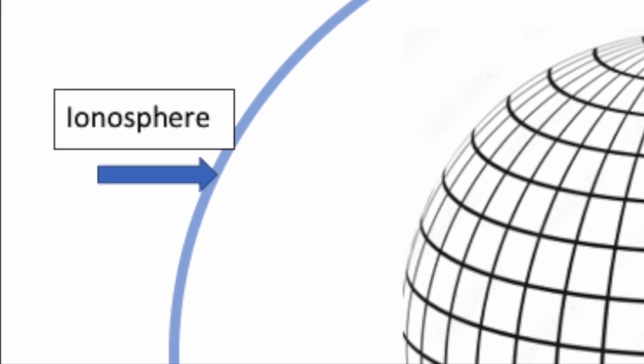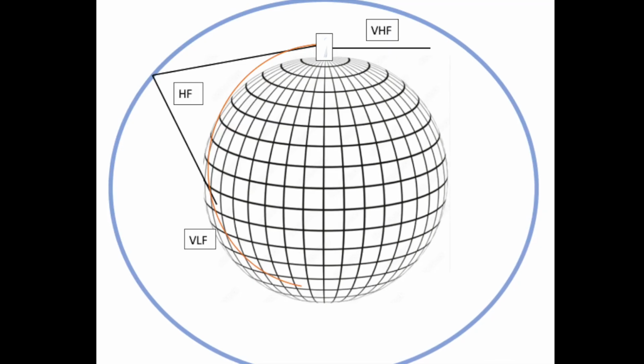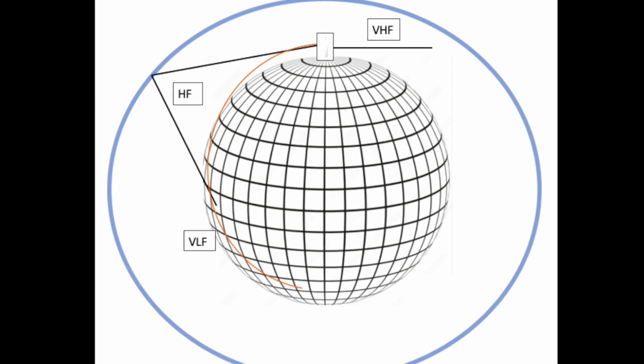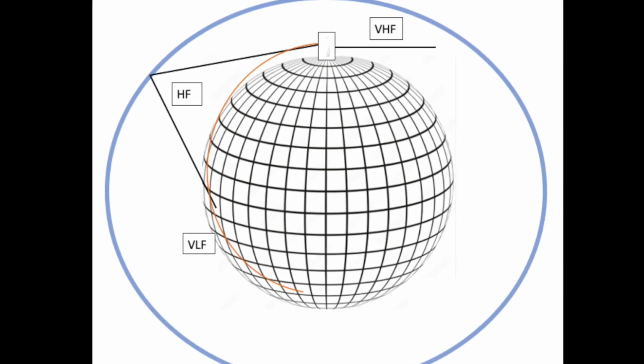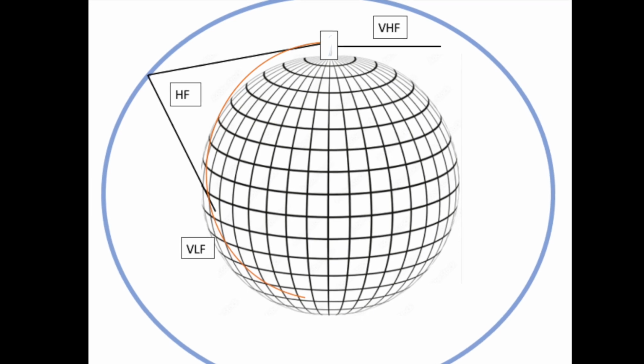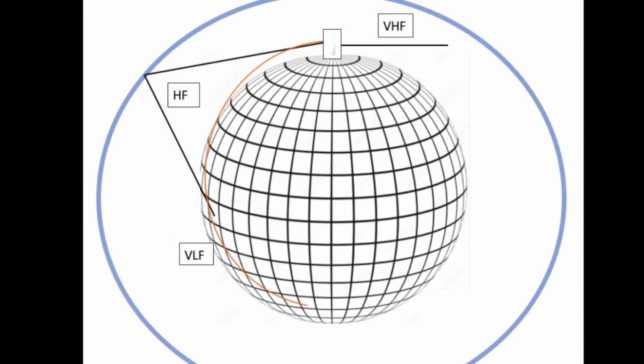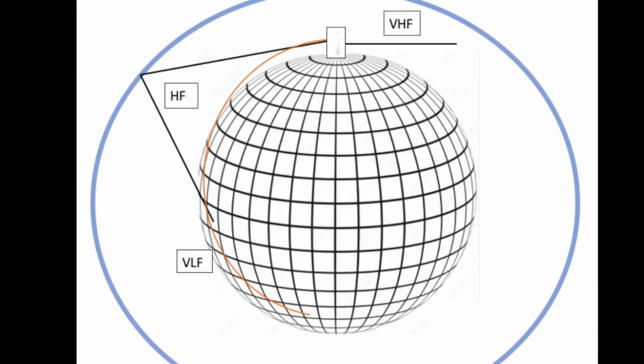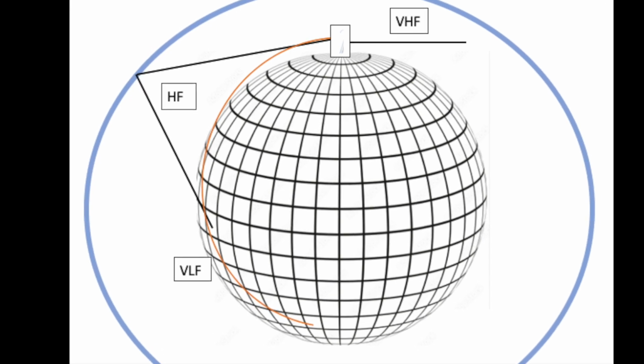HF, the high frequency, the one that is used for talking, communication, and that was mentioned in the first video as well, is the HF. There are two parts of this transmission.